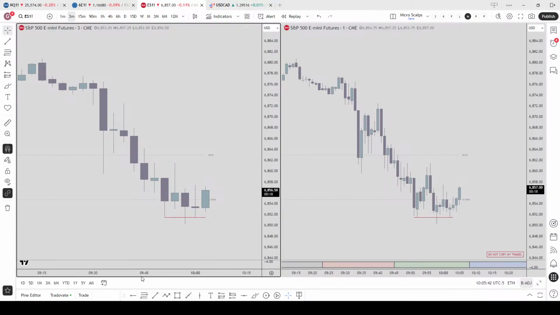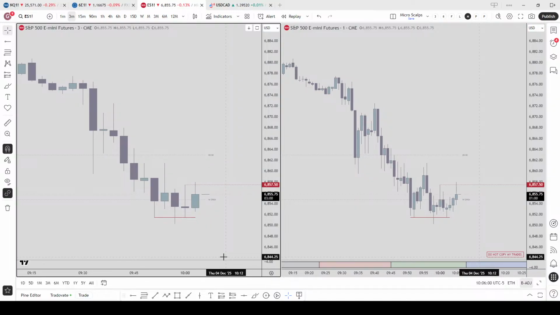Alright, so the same thing for ES, I'll be looking for these two down close candles, mainly this candle's high. I'd like to see if we can close above this candle's high. Comes in at around 6857. Okay, we're not there yet.